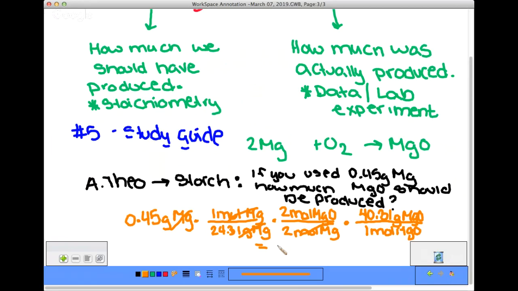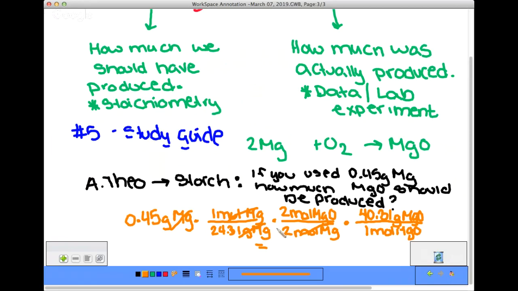0.45 times 2 times 40.31 divided by 24.31 divided by 2. My calculator just turned off.